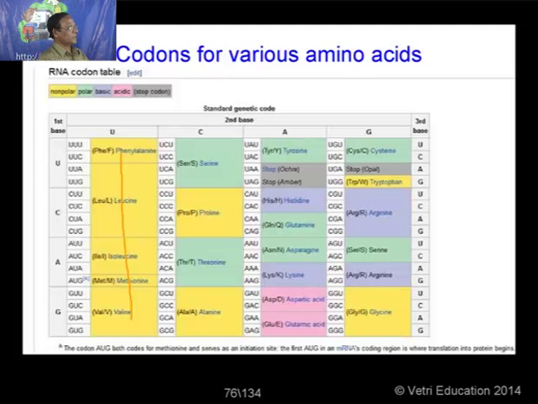And we have the polar types: serine, threonine, etc. Then some of the amino acids are basic amino acids: lysine, arginine, histidine. One of the properties is that in the nucleosome we have the histone proteins. The histone protein is a basic protein.